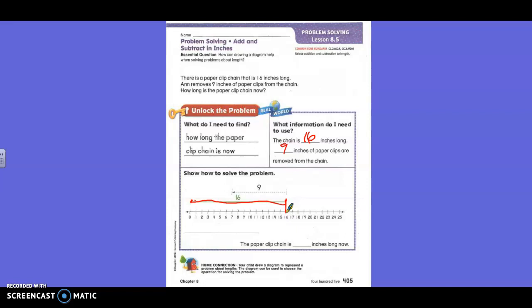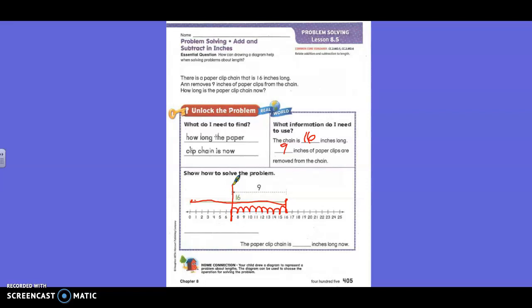This is kind of like what Landon and Matthias were doing in Math Minutes. You're jumping back 9 numbers from 16. So 1, 2, 3, 4, 5, 6, 7, 8, 9. Where did it stop, boys and girls, when we jumped back 9 things?